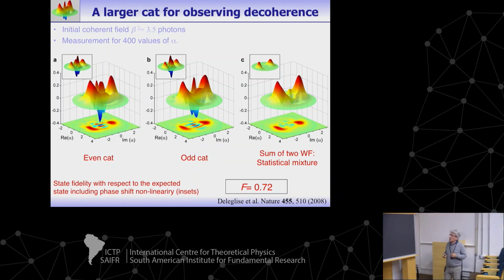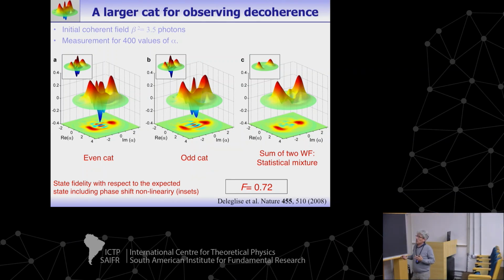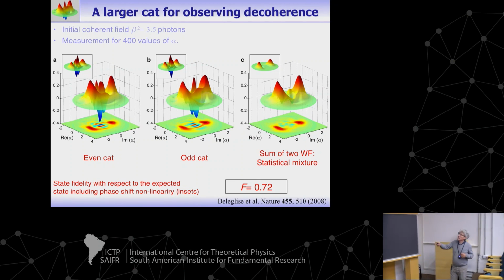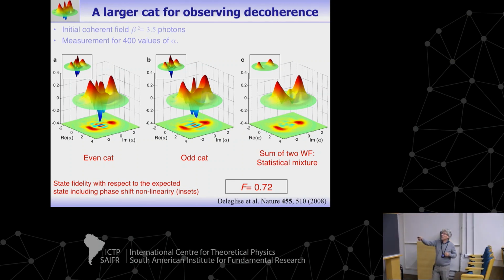So we can estimate the fidelity of the state with respect to the expected one, and it's a kind of high fidelity. And here are the ideal Wigner functions we expect from a model of the experiment taking into account imperfections, which is really very similar to the reconstructed states.